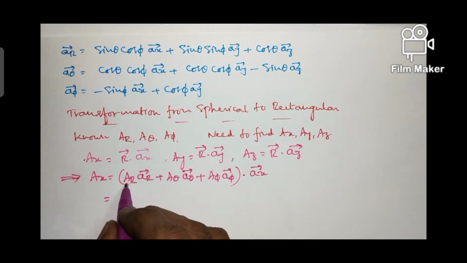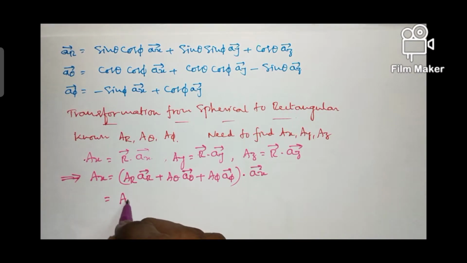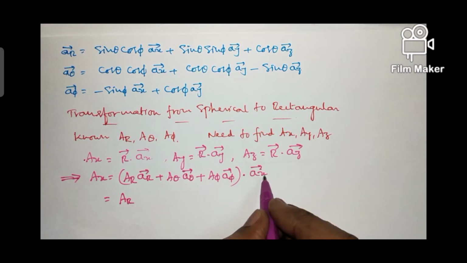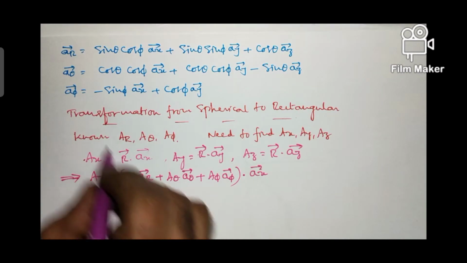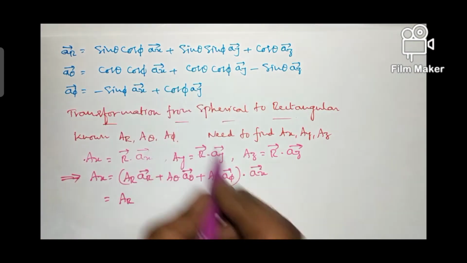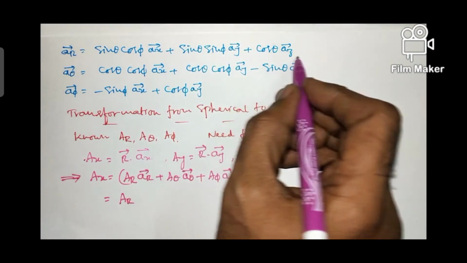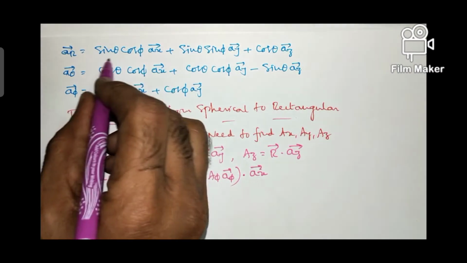So here we get the dot product for a_r bar dot a_x bar is equal to, only the a_x component, that is sin theta cos phi, and the remaining will be equal to 0 because a_y dot a_x and a_z dot a_x will be equal to 0.